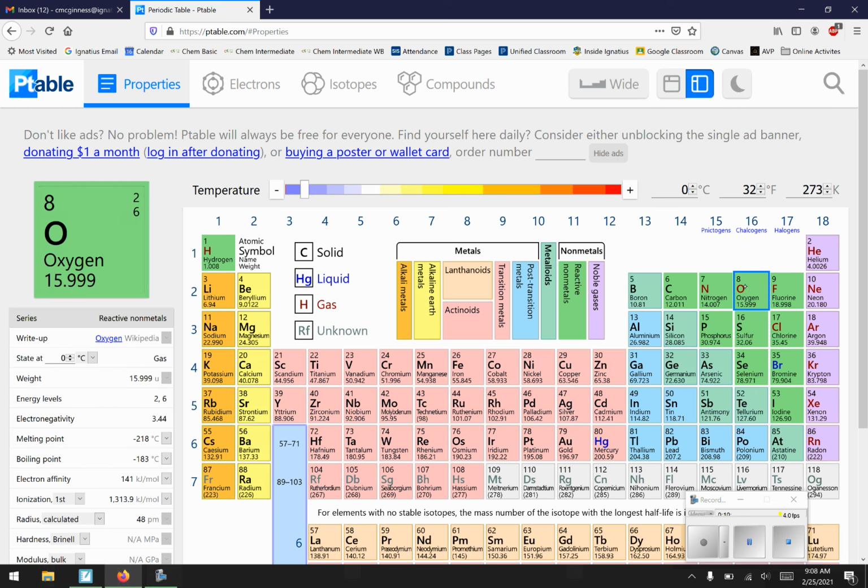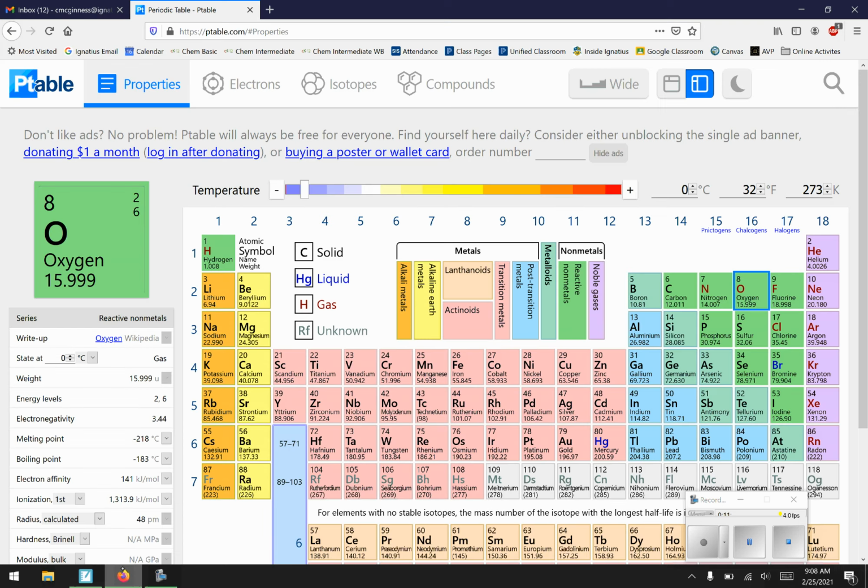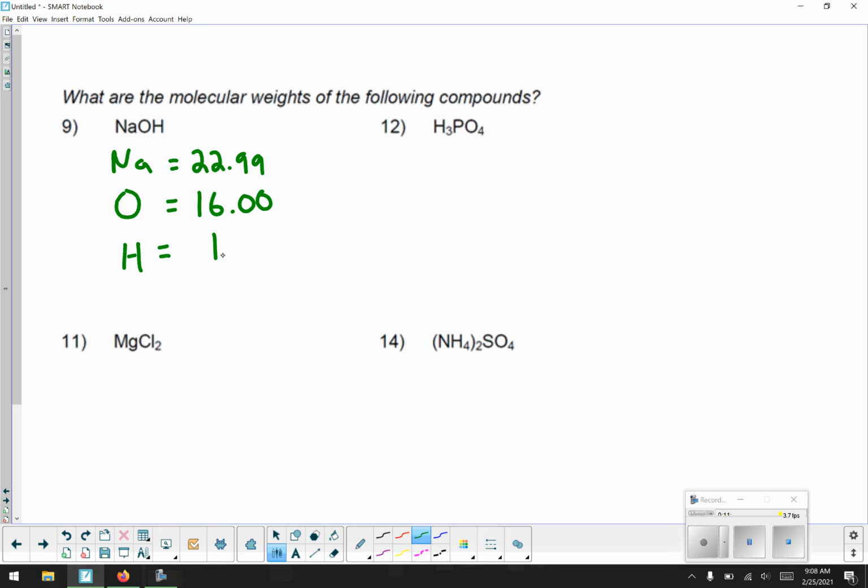Look at oxygen. Oxygen that rounds to 16.00, rounding to the nearest hundredth. Hydrogen we already looked at briefly, but hydrogen is 1.01, again rounding to the hundredths place in this case.